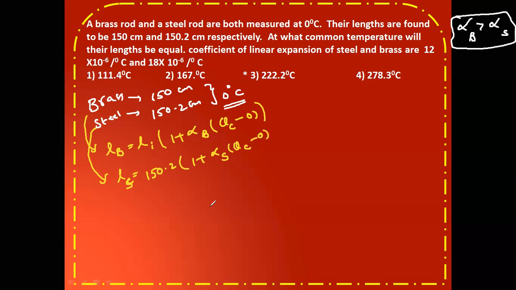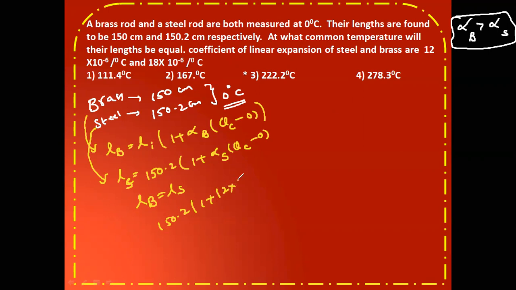As per the given data, the lengths are found to be equal. So what I can say here is LB is equal to LS. So I can write 150 into 1 plus alpha of brass, how much? 17? Not 17. Steel is 12.